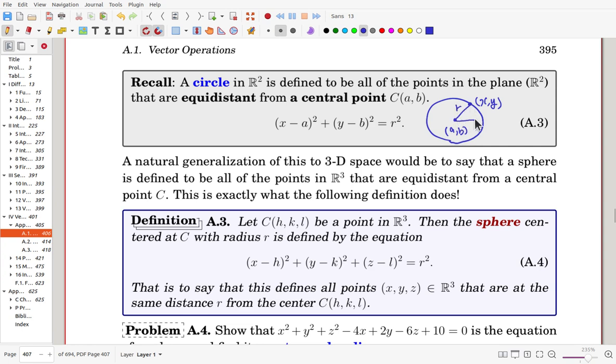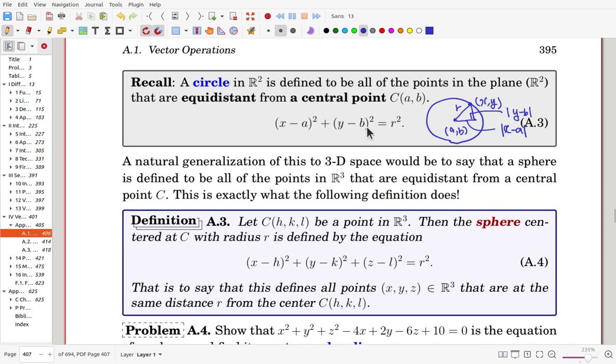So if we try to draw a right triangle, then this distance will be the absolute value of x minus a, and the height must be the absolute value of y minus b. So by using the Pythagorean theorem, we can reach that the squared summation must be r squared.